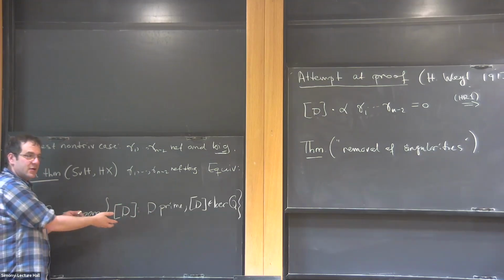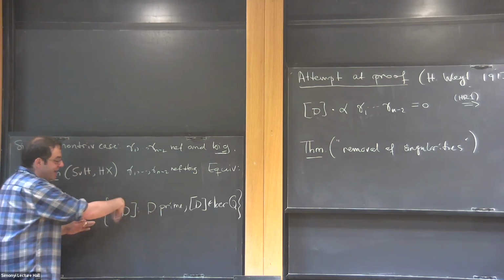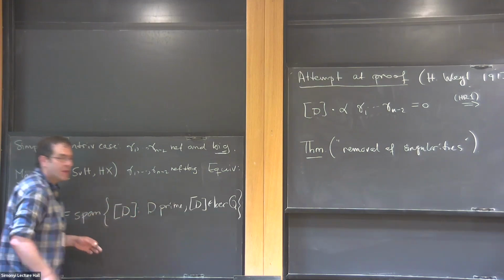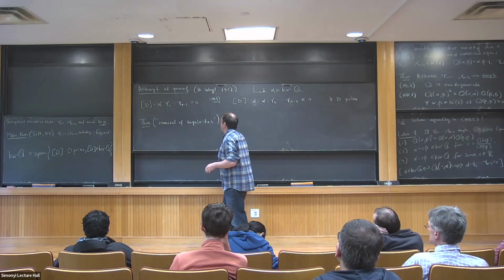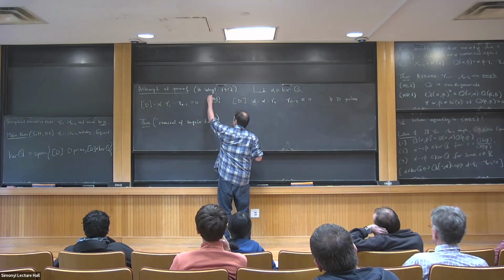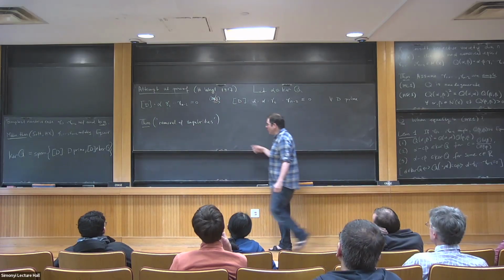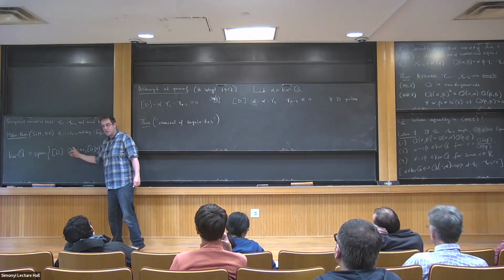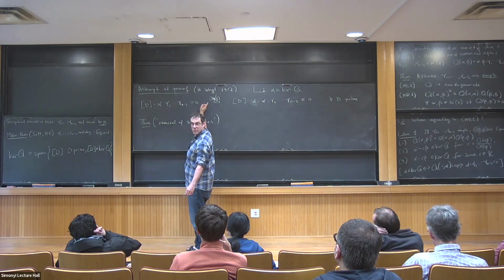So I have some degrees of freedom. In order to prove the theorem, I'm allowed to add any linear combination of these prime divisors in the kernel of Q, and I'm good. And the basic observation is that even though this statement is not true for alpha, I can always find some element in the linear span of these guys, such that if I perturb alpha by that guy, this statement is true.